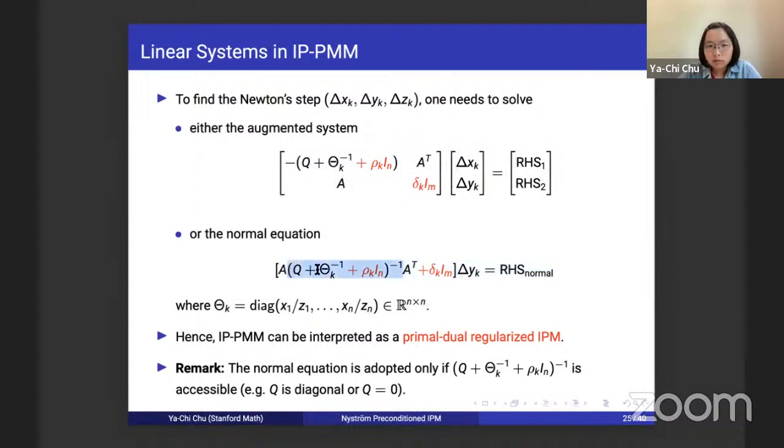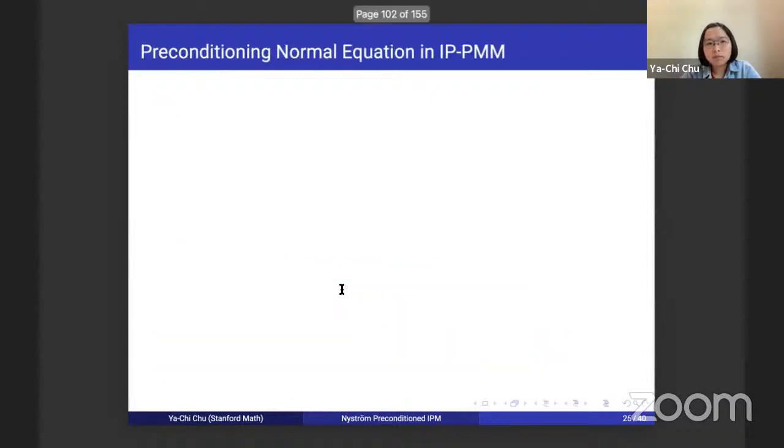To use this normal equation, we actually need Q to have some good structure, like diagonal or Q equals to 0, so that this inverse is accessible, and then we can use the normal equation. Otherwise, we need to go back to the augmented system. That is the principle here.